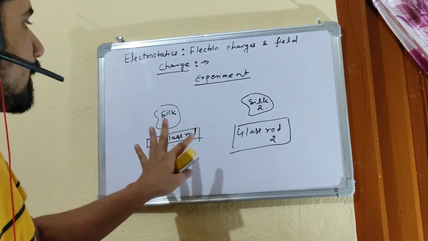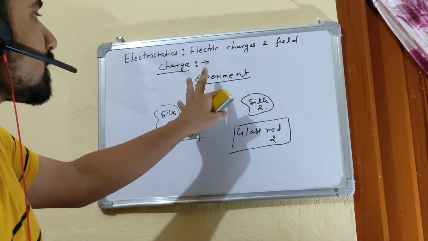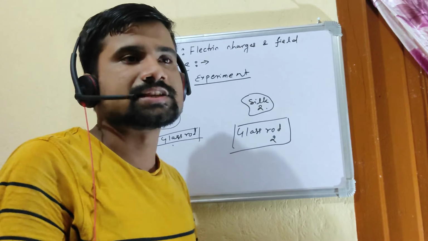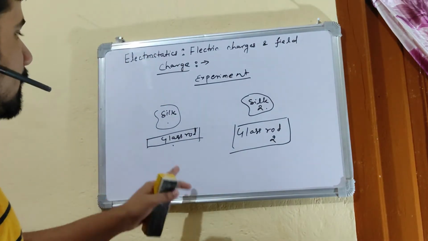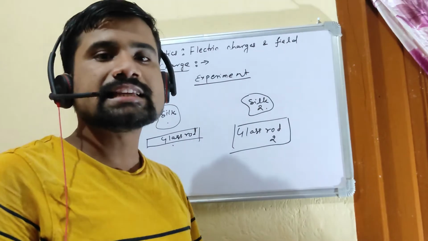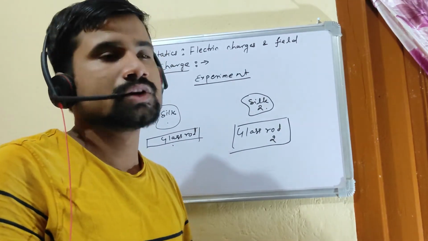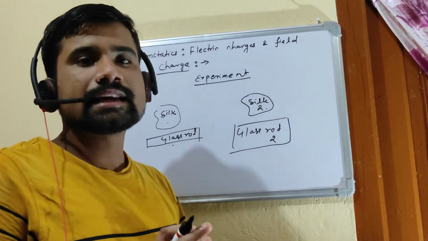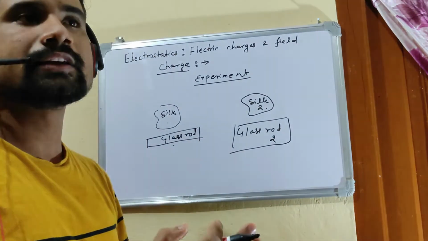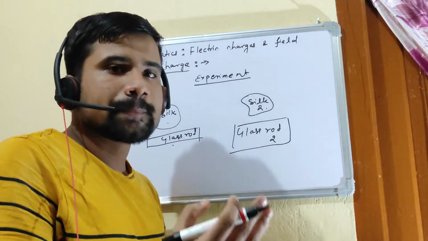Similarly, when these two silk cloths are brought close to each other, they also seem to be repelling each other. Whereas when a glass rod and silk were brought closer to each other, they seem to be attracting each other. This basically tells me that there are two natures of forces here. One can be attractive and the other can be repulsive.